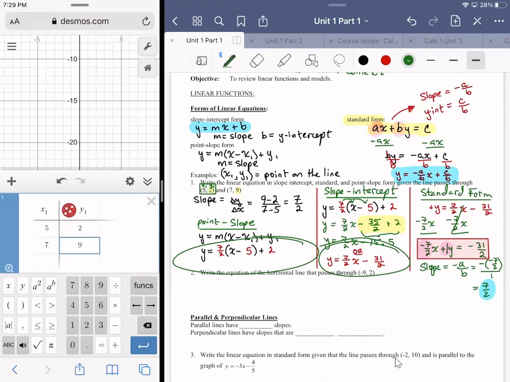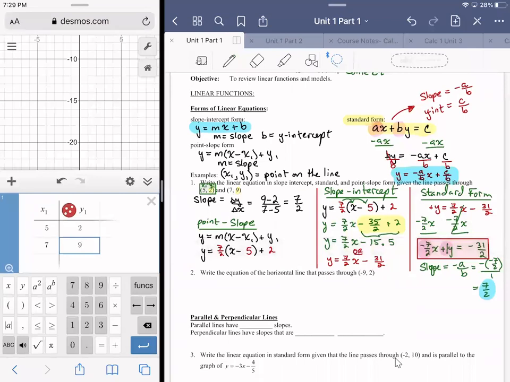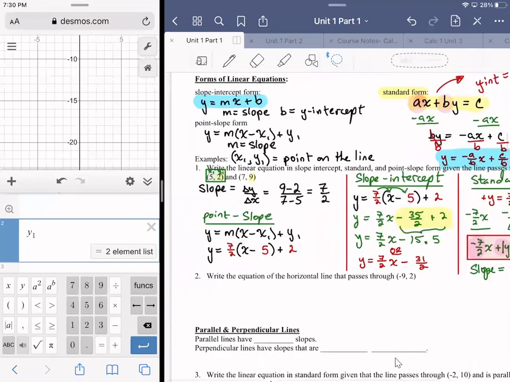All right. So what Desmos will do is it'll build an equation based off of whatever form you give it. All right. So what I would do here, if I want to do it graphically on Desmos, is I would first type in y1, and then I'm going to put in a tilde. All right. So I'm going to make a little note of this.